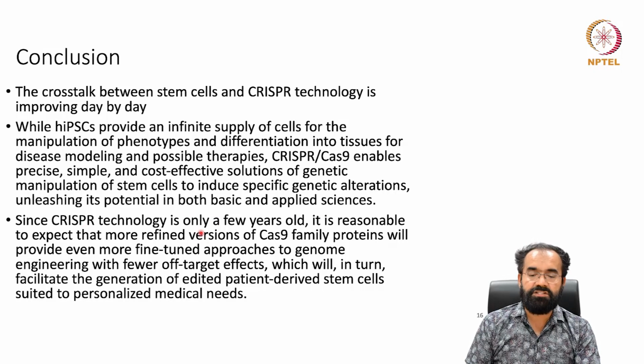Since CRISPR technology is only a few years old, it is reasonable to expect that more refined versions of Cas9 family proteins will provide even more fine-tuned approaches to genome engineering with fewer off-target effects, which will in turn facilitate the generation of edited patient-derived stem cells suited for personalized medical needs.